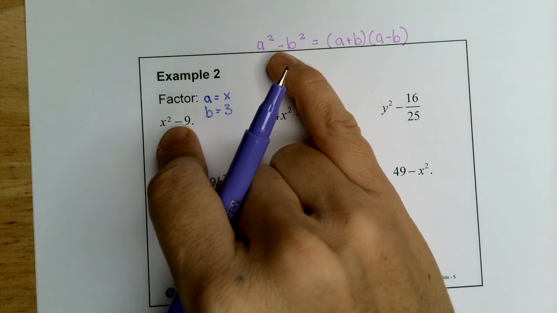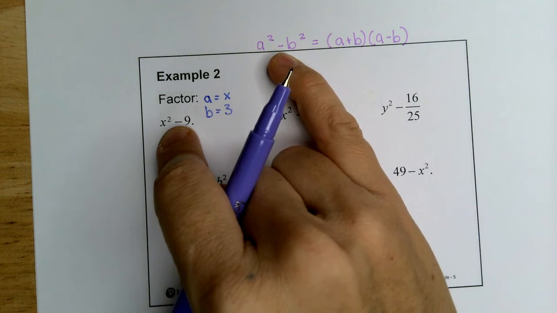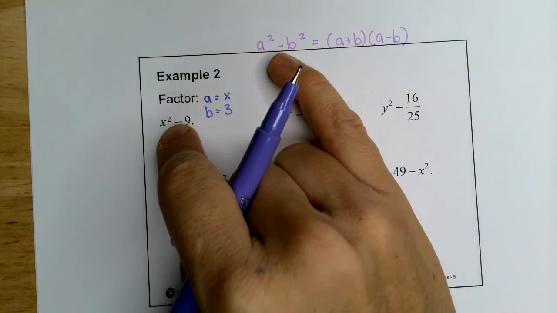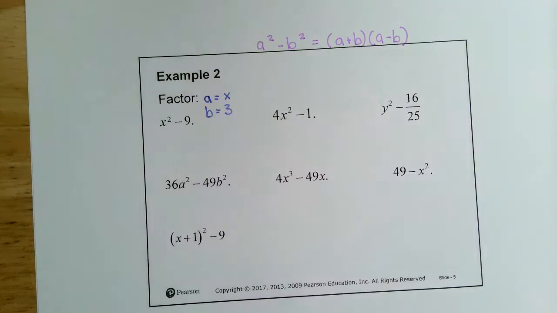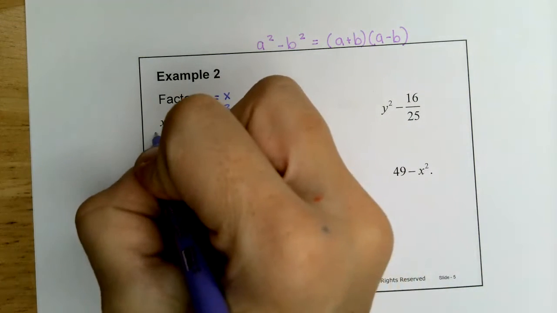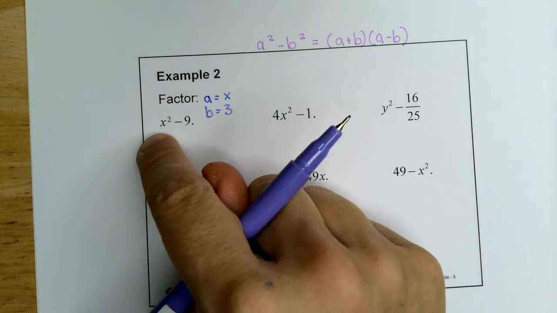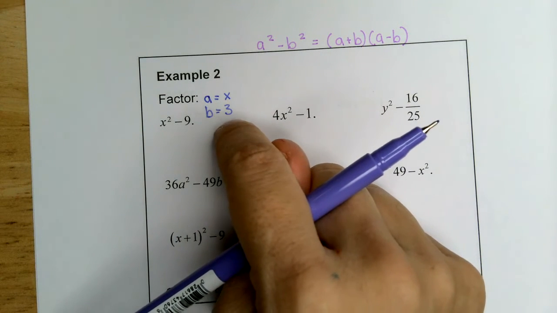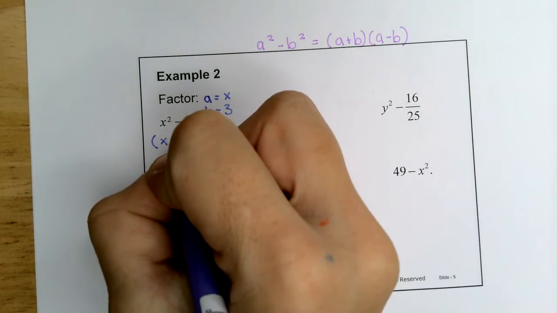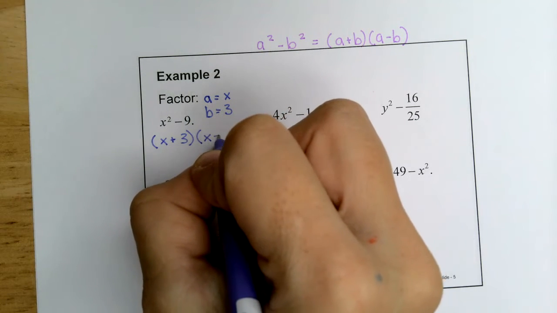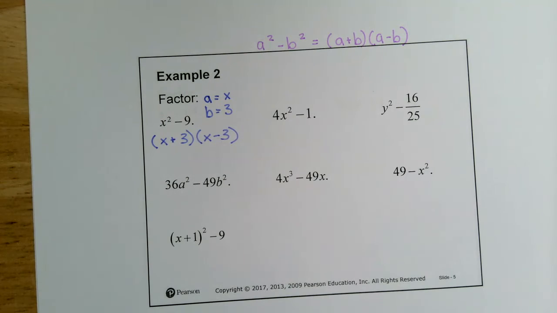Okay, so a squared minus b squared is x squared minus 9. A is x, b is 3, so we change it to a plus b times a minus b. X plus 3 times x minus 3. Okay.